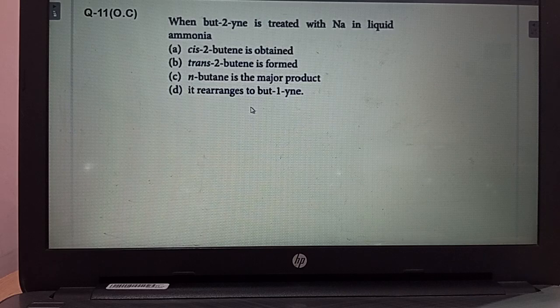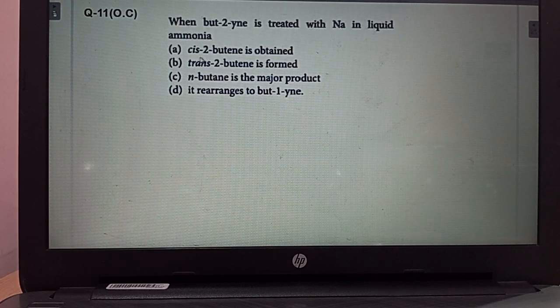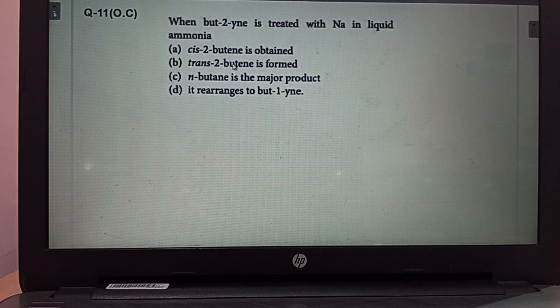Carefully observe. In this question, they are given a triple bond compound. The triple bond compound is 2-butyne, which will be converted into trans-2-butene, subjected to one kind of reduction in the presence of sodium metal in liquid ammonia.